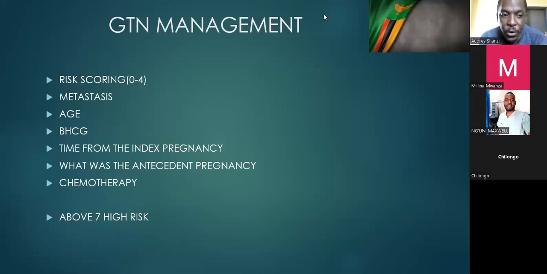Then you have your complete mole. Your complete mole, the minimum follow-up time is 6 months from the day of evacuation. But if the beta HCG levels haven't gone back to undetectable for a long time, then you need to follow them up for 6 months from the point the beta HCGs become undetectable.